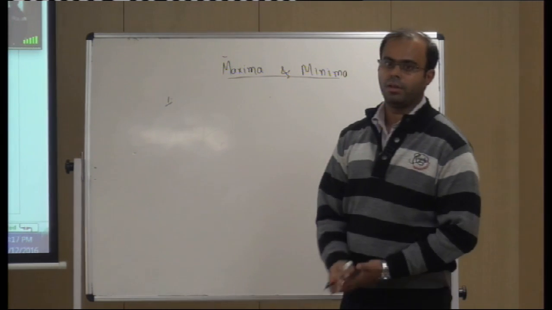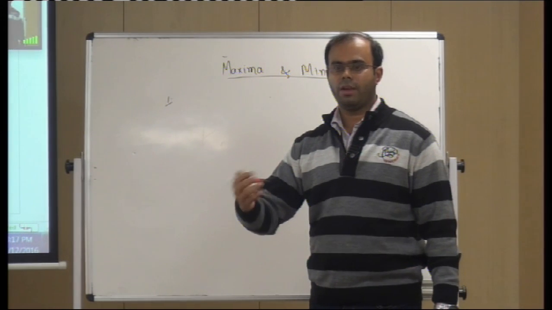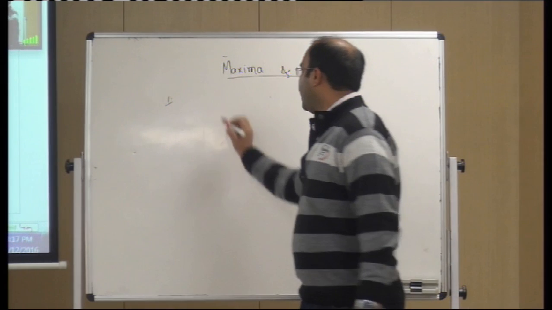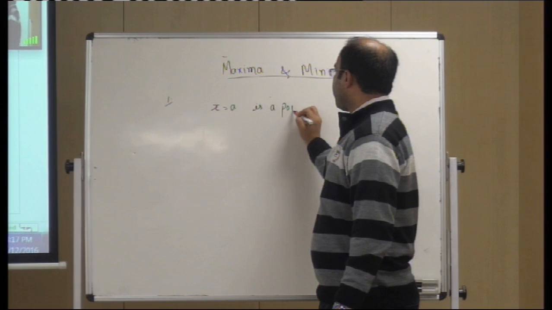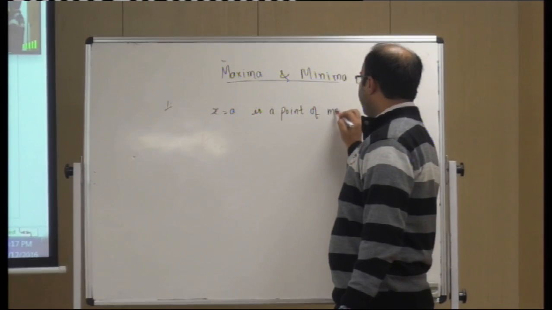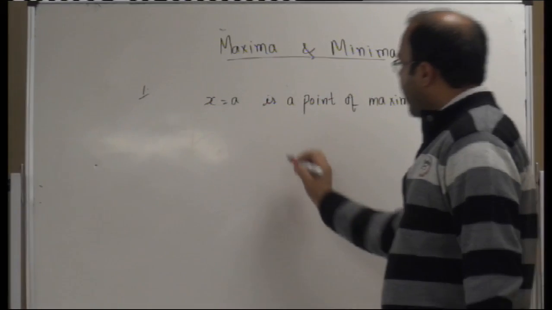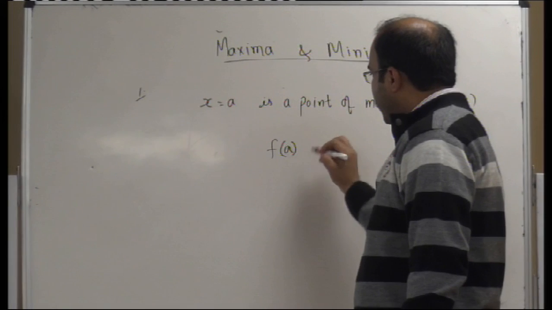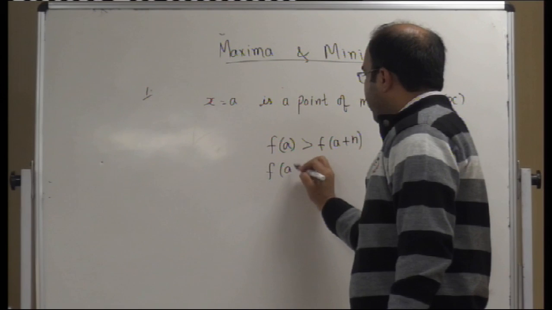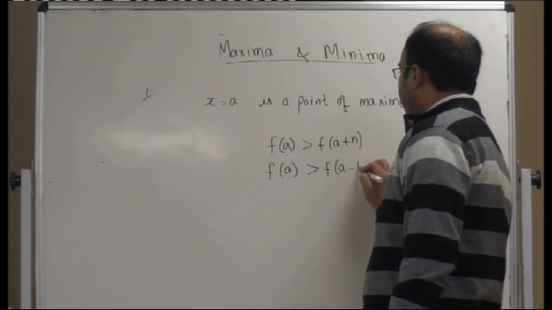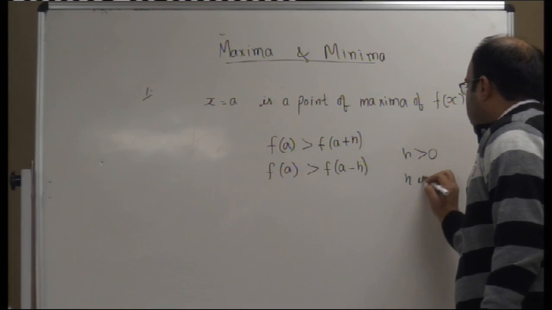Any function can have a maxima at a point A or a minima at a point A under some condition. x equal to A is a point of maxima of a function f(x) when f(A) is greater than f(A plus h) and f(A) is greater than f(A minus h), where h is positive as well as a very small quantity.